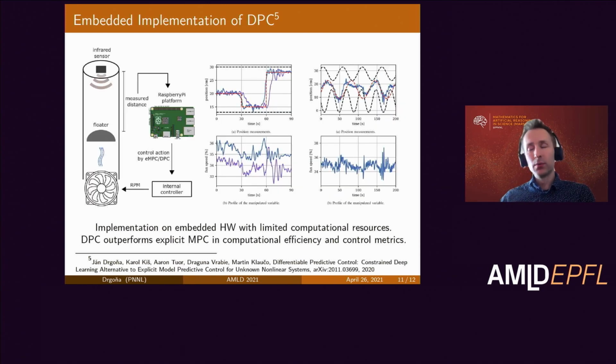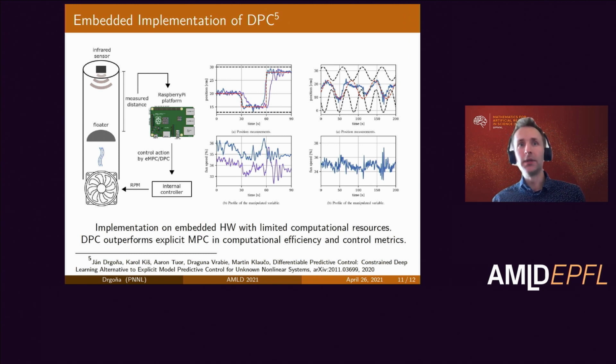How can we do in a more real-world setting with controls when considering limited computational devices and going on the edge? In this case, we consider this Raspberry Pi microcontroller and compared this differentiable predictive control side by side with classical explicit model predictive control.